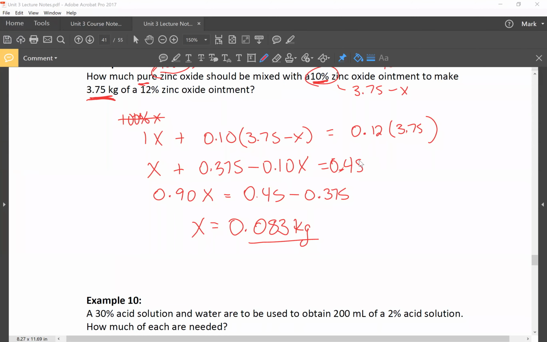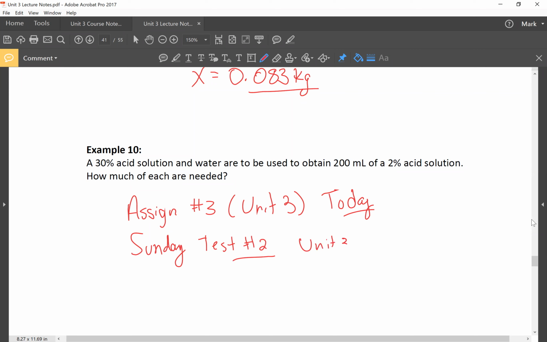I'll probably make it due Thursday or Friday, and that way I can get it marked for you. And then on Sunday we'll have your last test, test number 2, only on unit 3. And we can do review for that on Thursday.